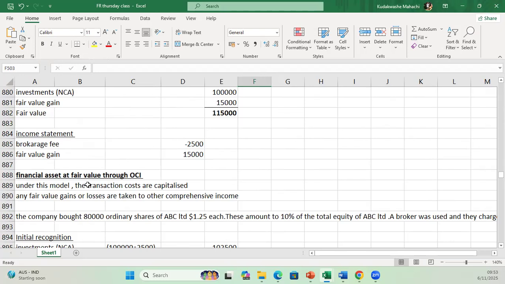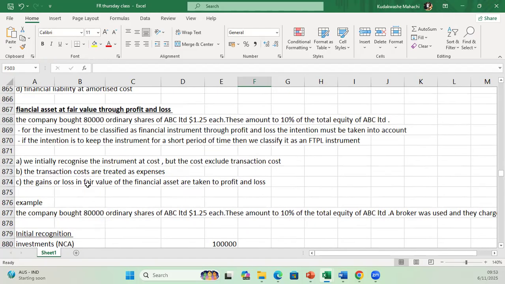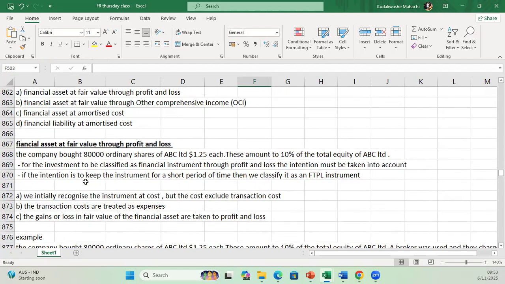With fair value through profit and loss, any fair value gains or losses go to profit and loss, not to other comprehensive income. With fair value through OCI, the gains or losses go to OCI. So the treatment of my gains is different, whether they go to profit and loss or to OCI.